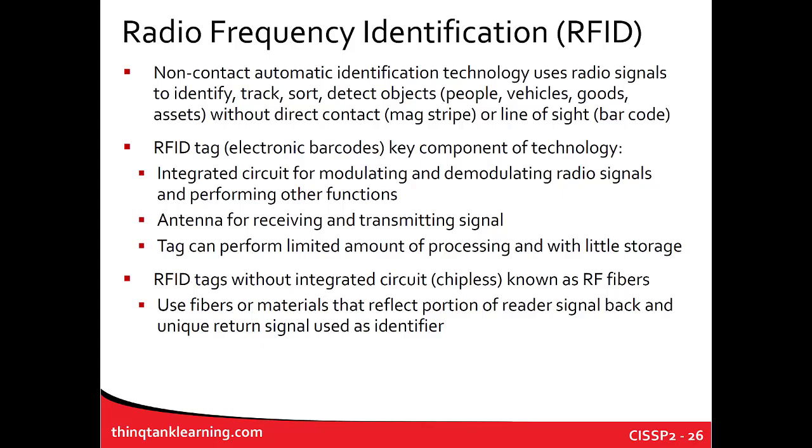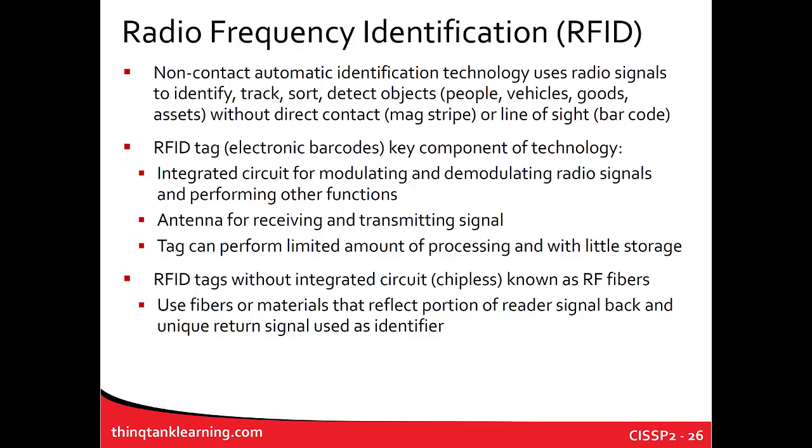We have a mod-demod technology, modulation and demodulation technology. That's going to convert the radio signals into usable data, or vice versa. We have an antenna which allows us to transmit and receive those signals between the reader and the tag. We have the tag itself, which is just a small device that stores limited data and can perform basic processing.